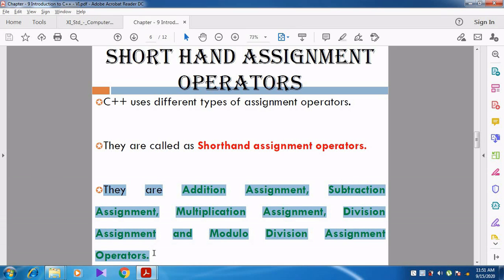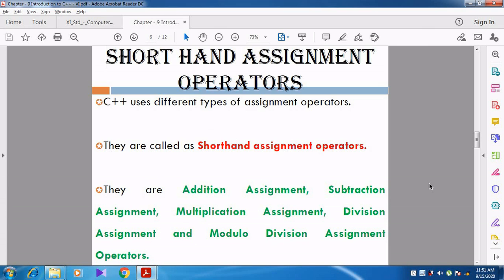So there are 5 different types of shorthand assignment operators. Now let us see them one by one.